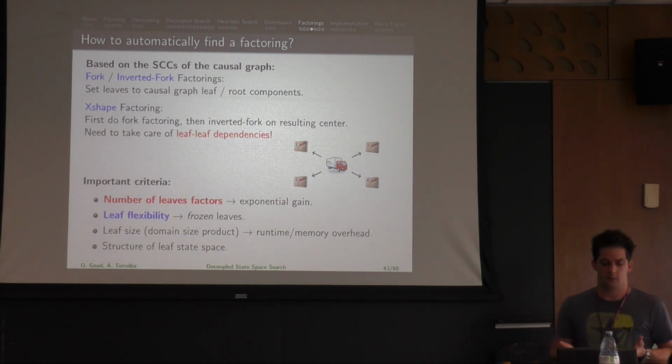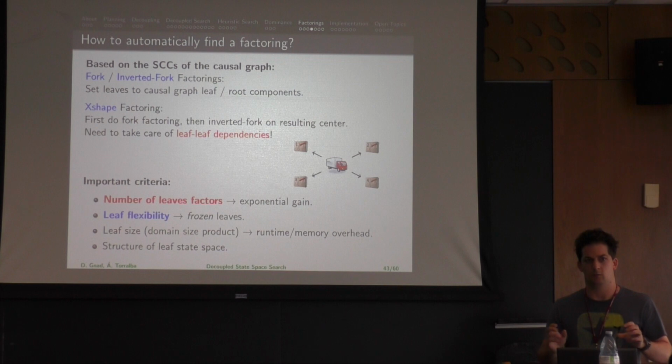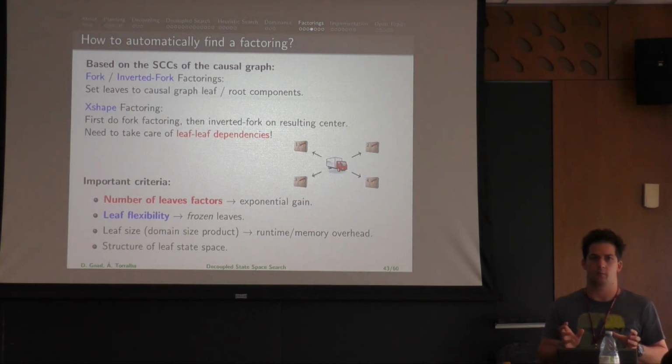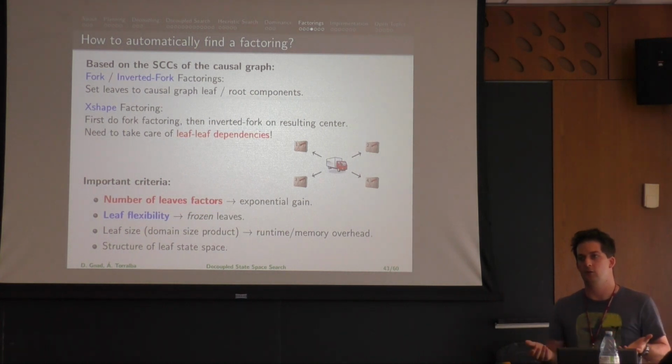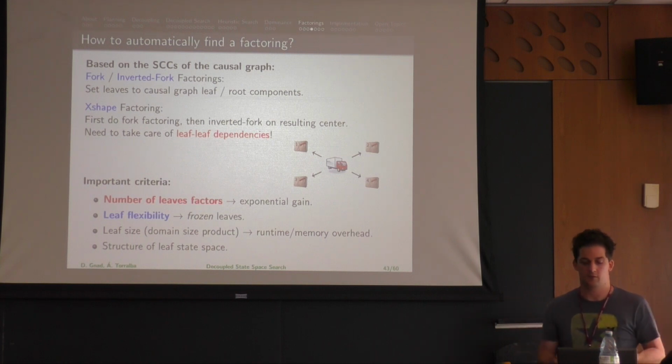There are other criteria, like the size of the leaf. We estimate this by the domain size product of all variables contained in the leaf. This is really relevant for practical reasons, because it incurs a big runtime and memory overhead if you have really a huge leaf state space. In case of the packages, that's obviously negligible. They don't have so many possible states or positions.